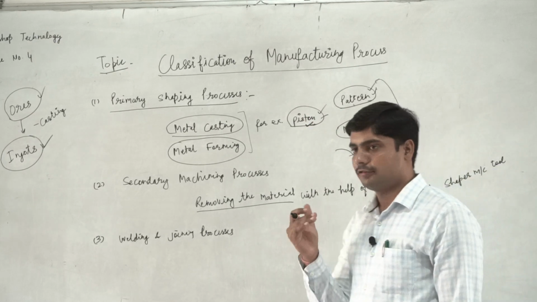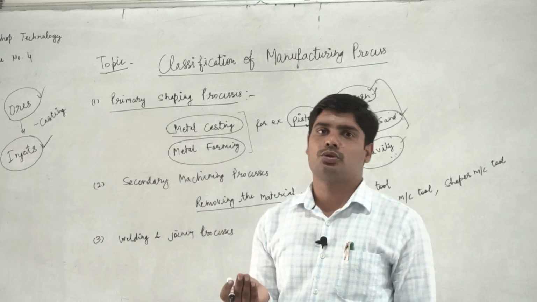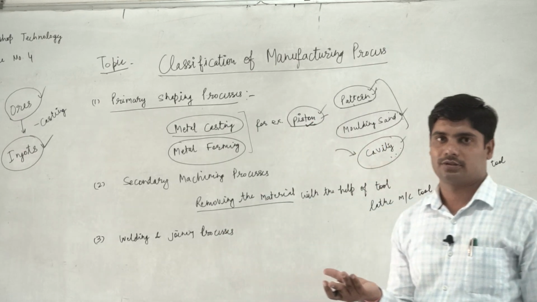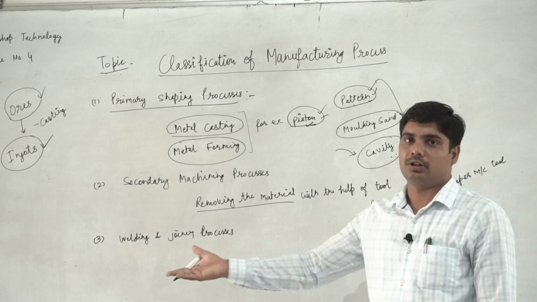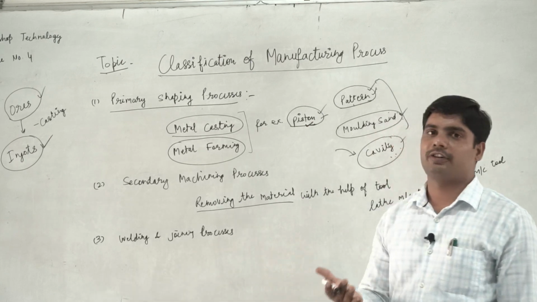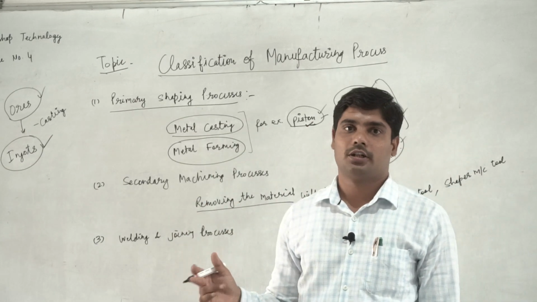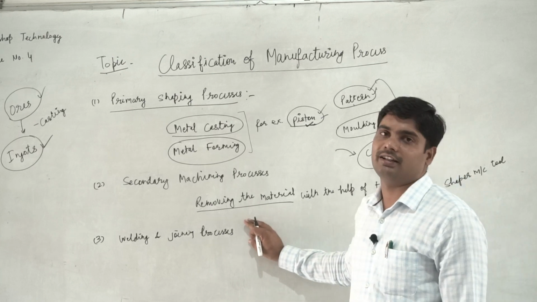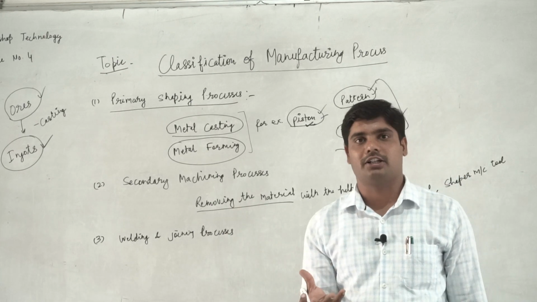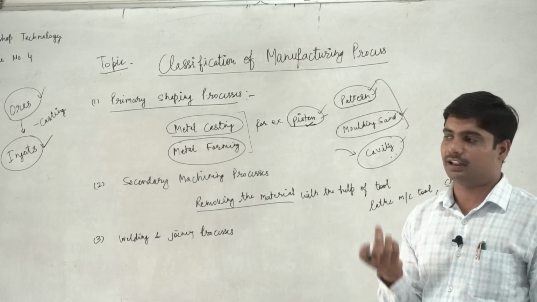But for our final use, we have to join two or more than two parts. In some cases, there may be two parts, but in maximum cases, there are more than two parts. Now we have to fabricate them into a single entity, into a single product that can be used directly.